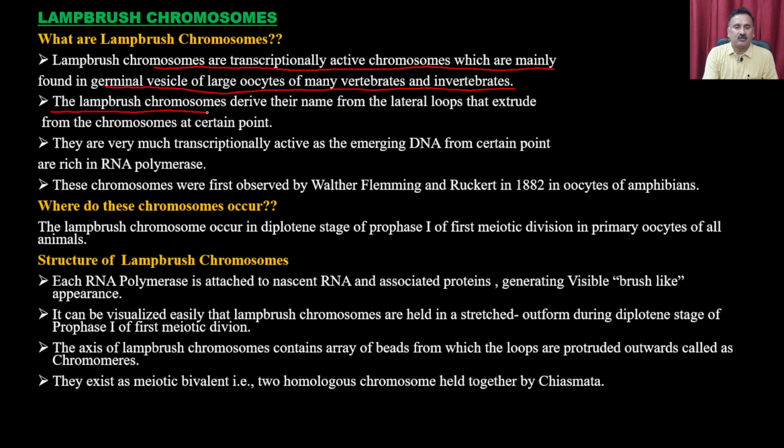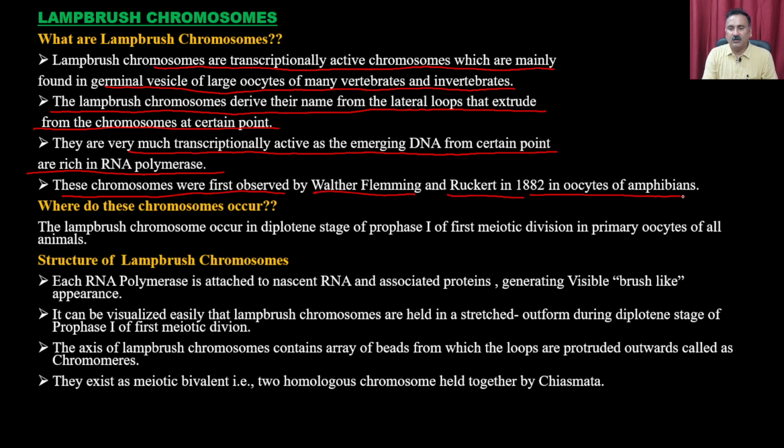The Lampbrush chromosomes derive their name from the lateral loops that extrude from the chromosome at a certain point. They are very much transcriptionally active as the emerging DNA from the certain point is rich in RNA polymerases. These chromosomes were first observed by Fleming and Rickards in 1882 in oocytes of the amphibians.